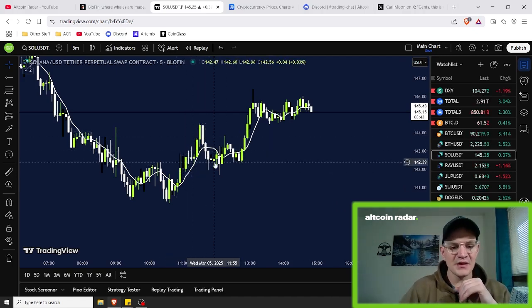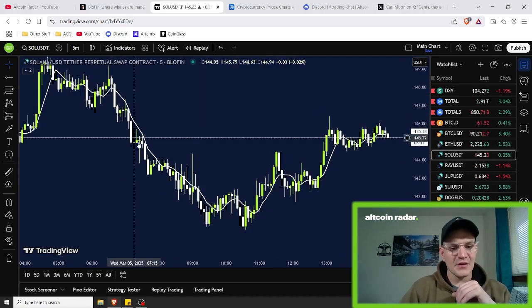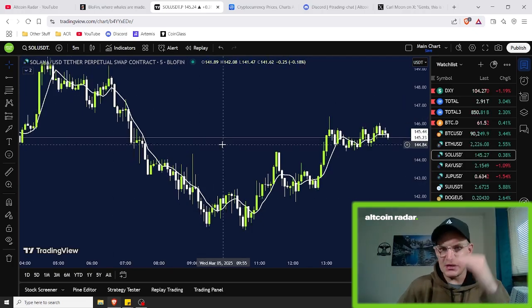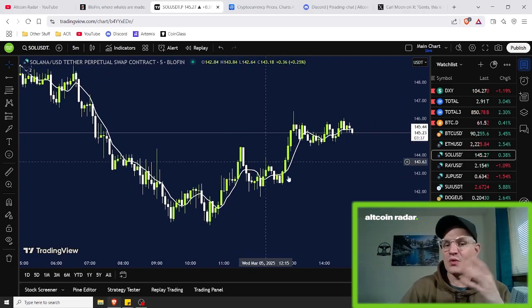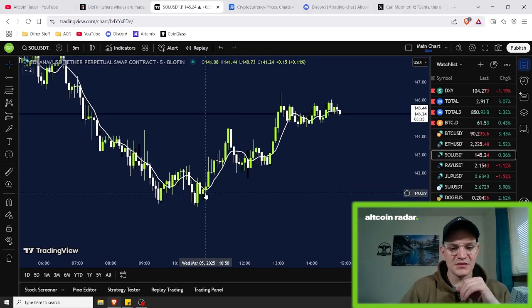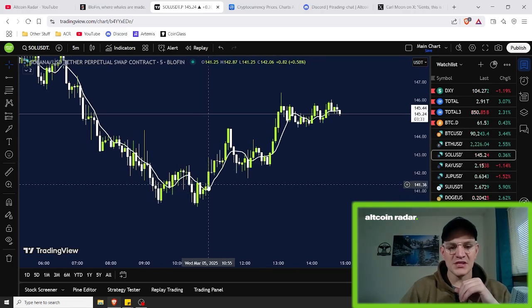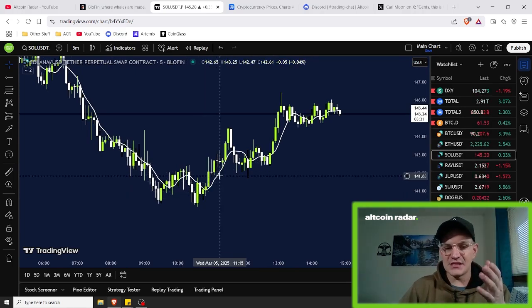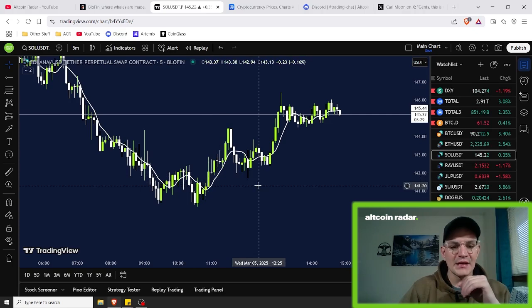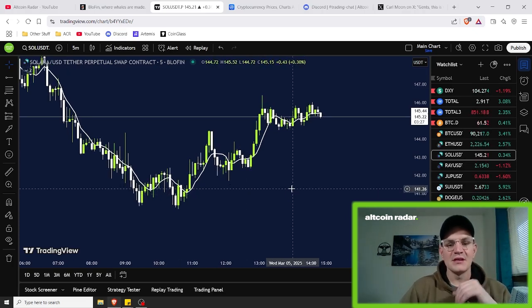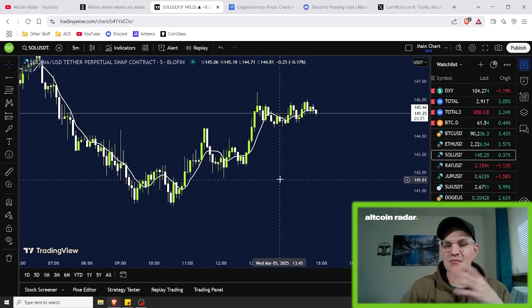And when price is bearish, right in here for example, price is below the moving average, okay? So what does that mean? When price starts to cross over the moving average to either side, that means it's a decent time to go ahead and probably get into the trade and potentially make some profit there.